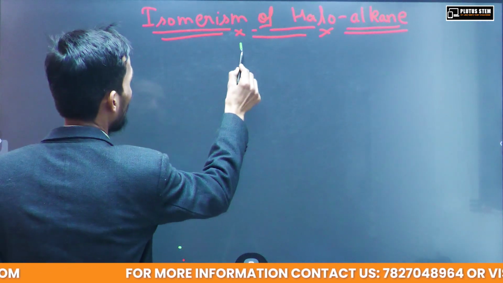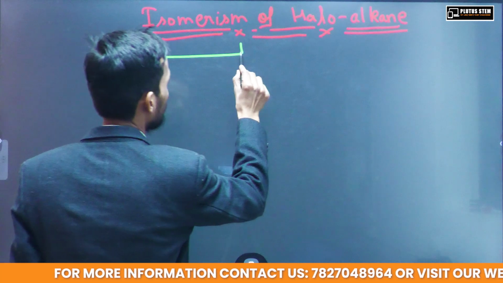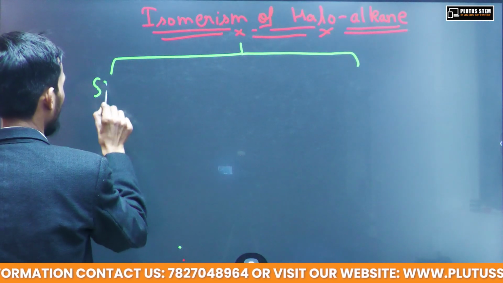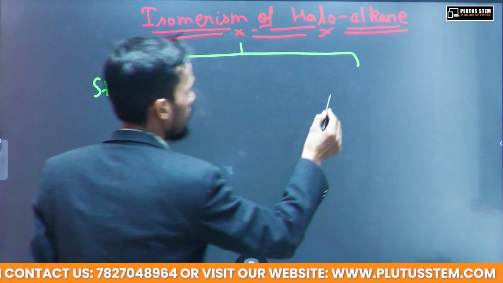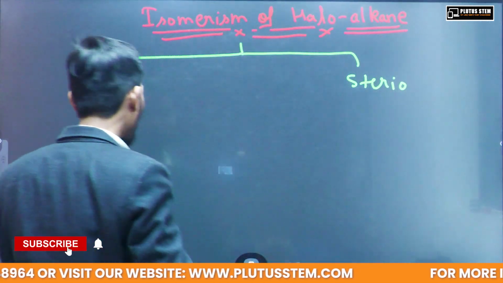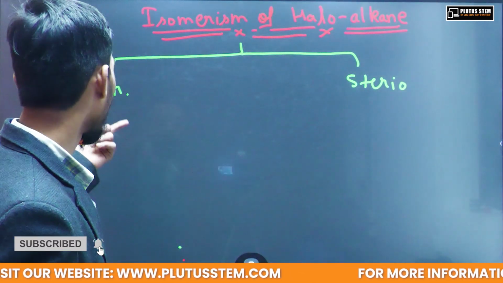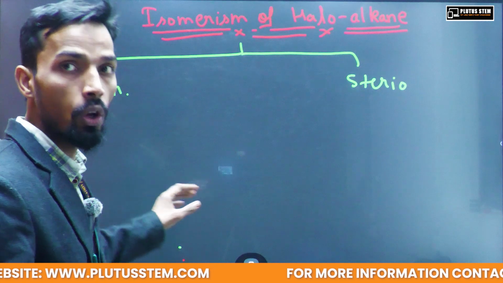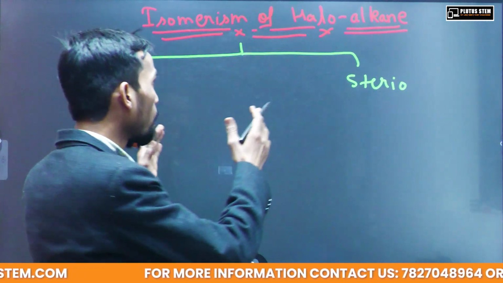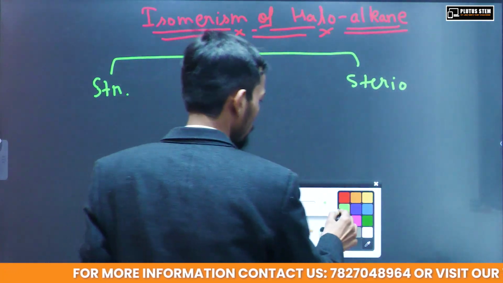As we know, how many types of isomerism are there? We know structural and stereo. I am drawing this again and again just to make you understand which type of isomerism we are going to see in haloalkane and haloaryl.